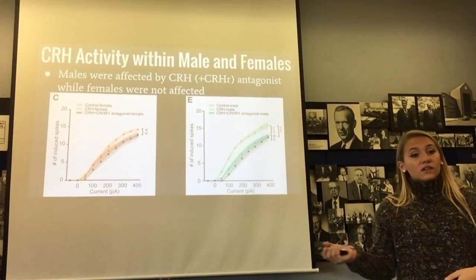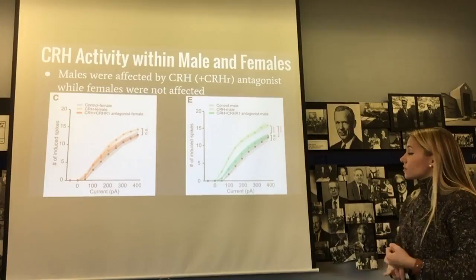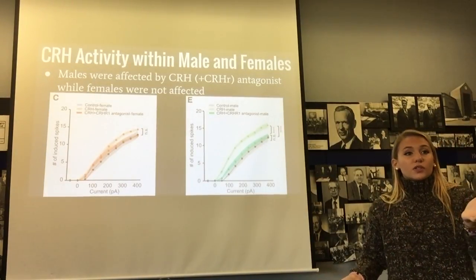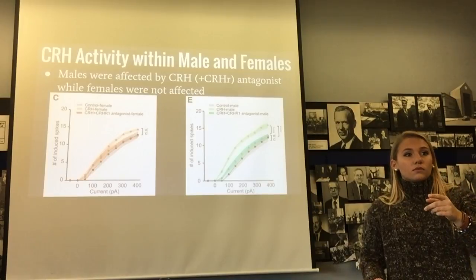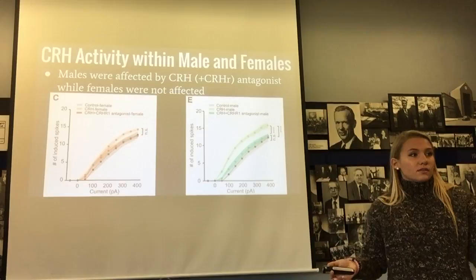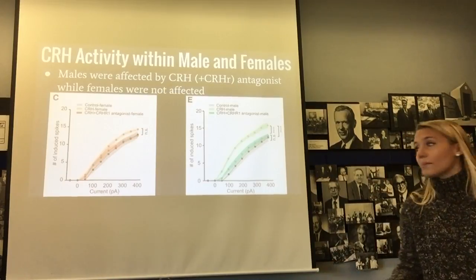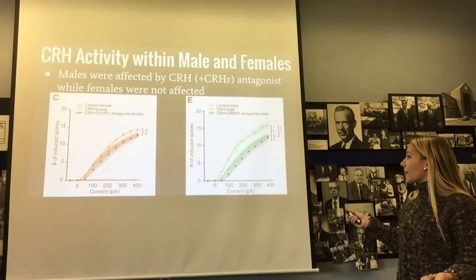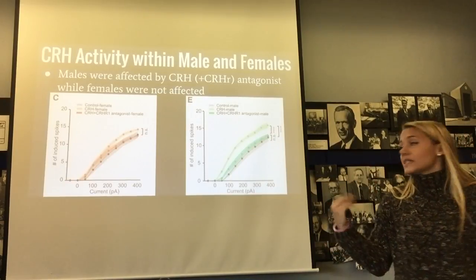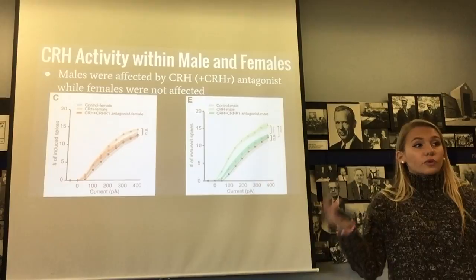Meanwhile, the males had an increase when CRH was added. But what would happen when you block the receptor of something that you're trying to bind to? What can't bind? The CRH. Yeah, so when the CRH can't bind, that's why it's back to the control level, because the hormone is not binding to the receptor to create that stress.